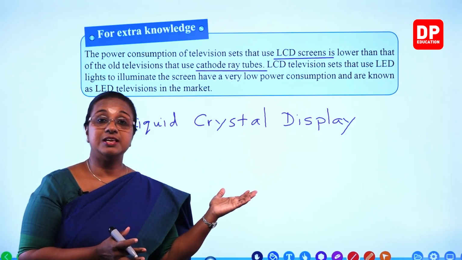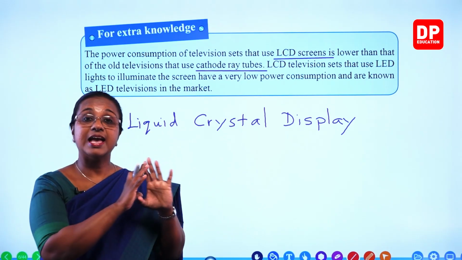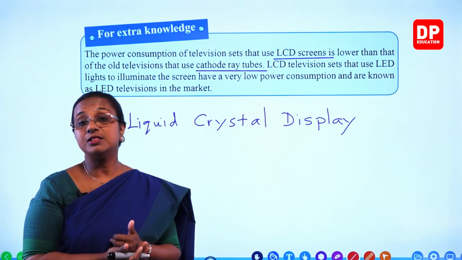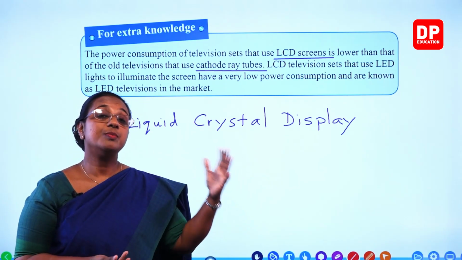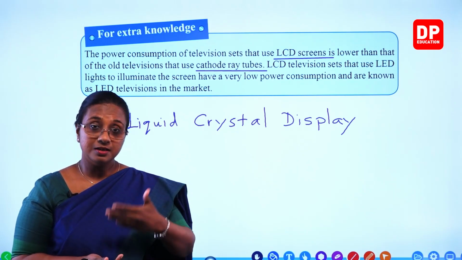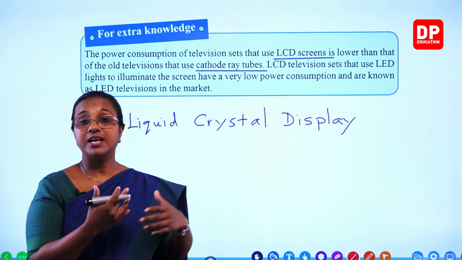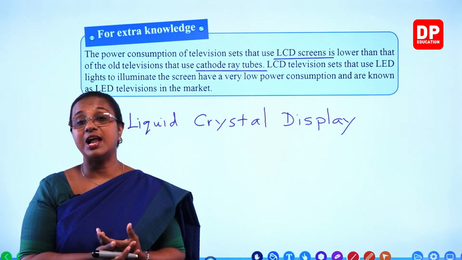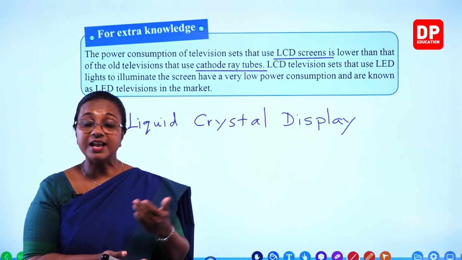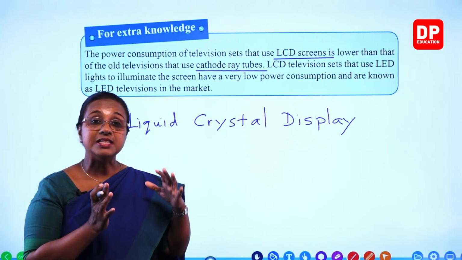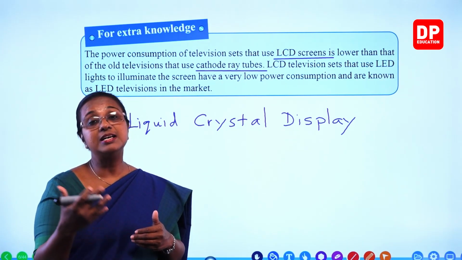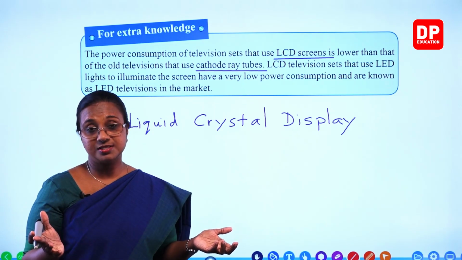So, the old televisions had a screen with a cathode ray tube inside. Based on that, the picture is generated. That is why sometimes when the screen cracks or gets damaged, you see a greenish color light. That's because of that cathode ray tube. But those are high energy consuming televisions.